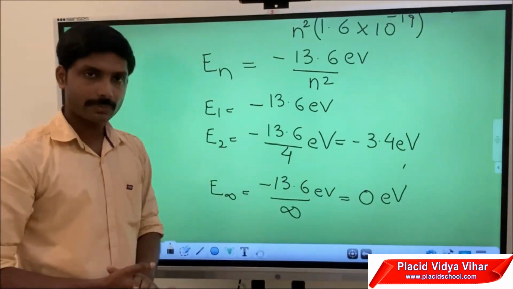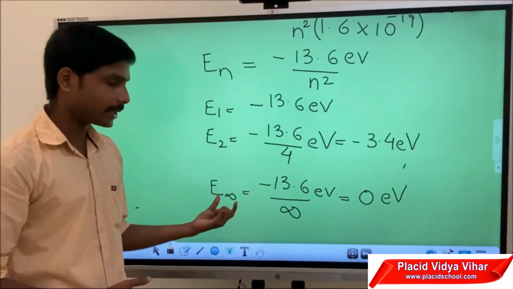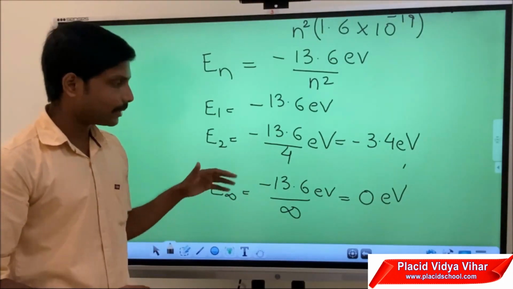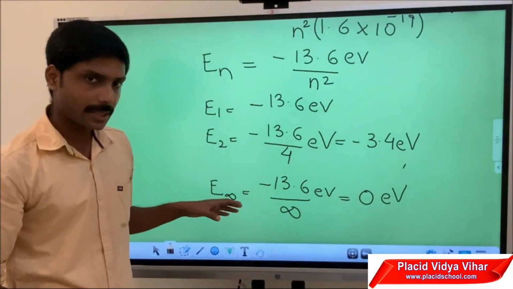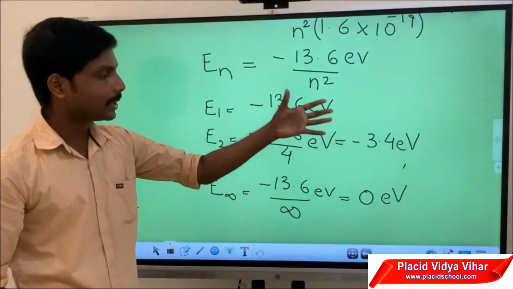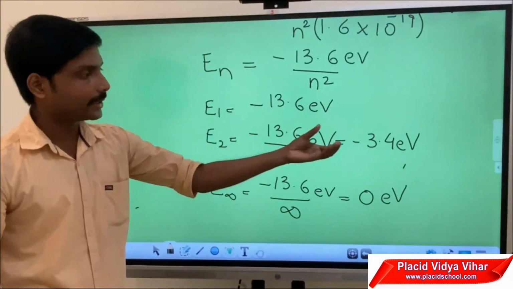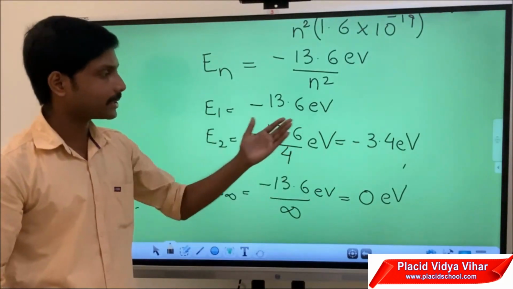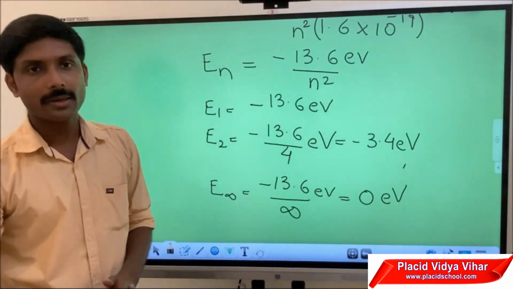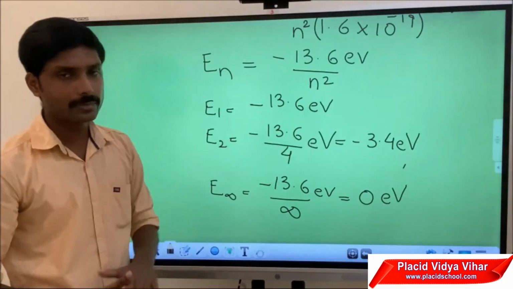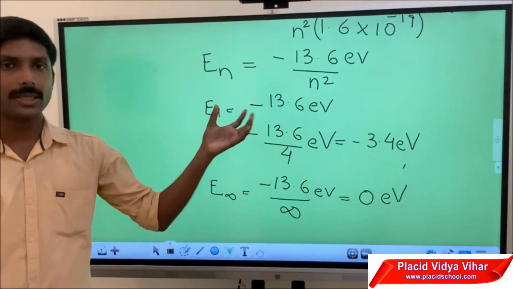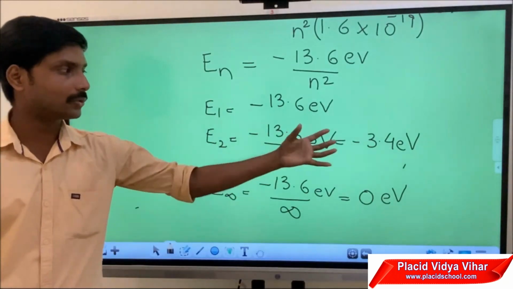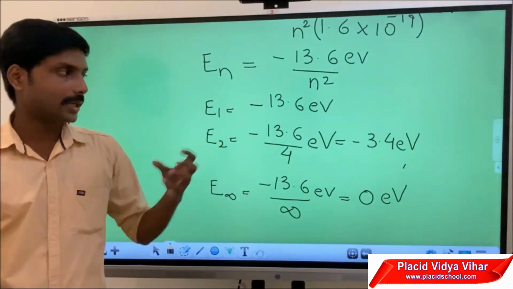But you don't need to supply any energy for an electron which is very far away from the nucleus, and the amount of energy you should supply decreases as the distance from the center of the nucleus increases. It is very evident from this equation.